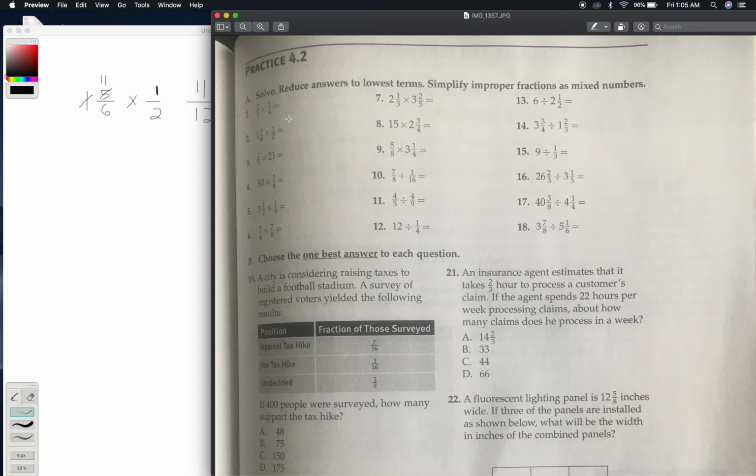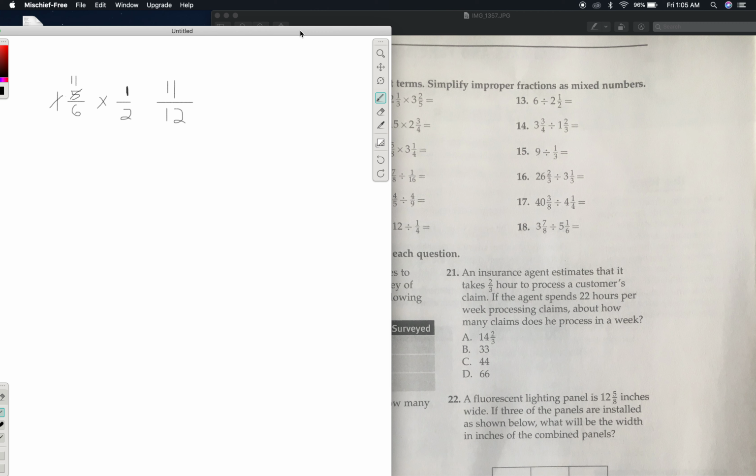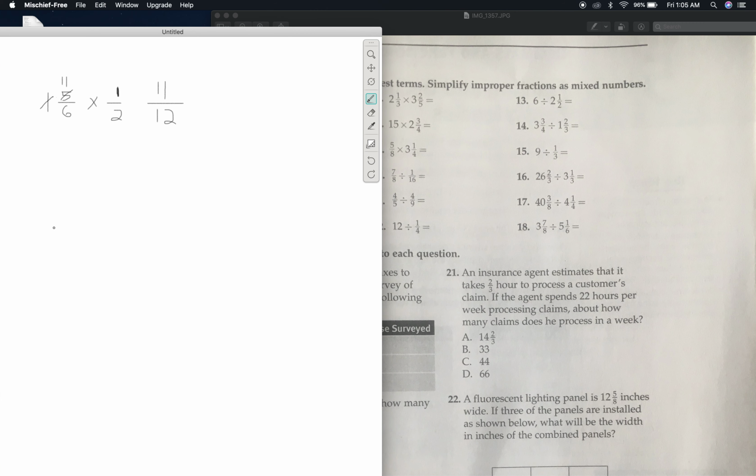Let's skip over to number 7, so we have a bit of variety. That was 2 and 1/3 times 3 and 2/5.